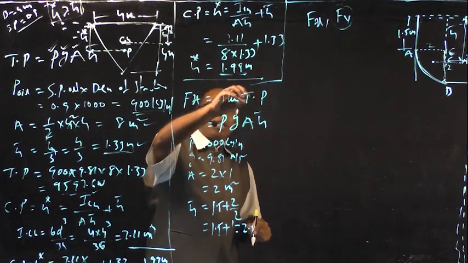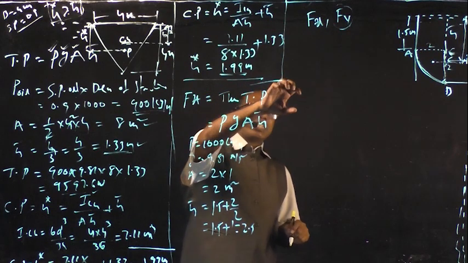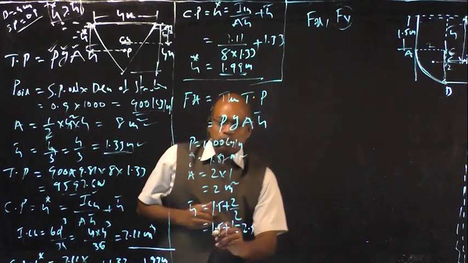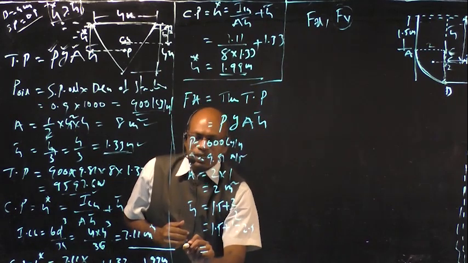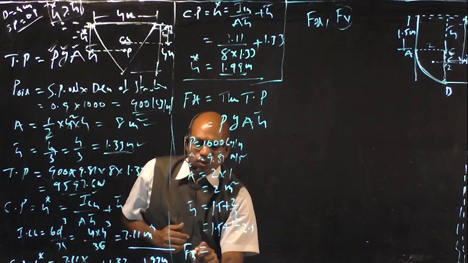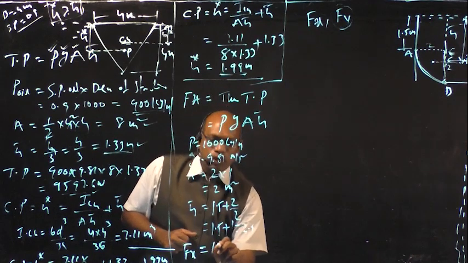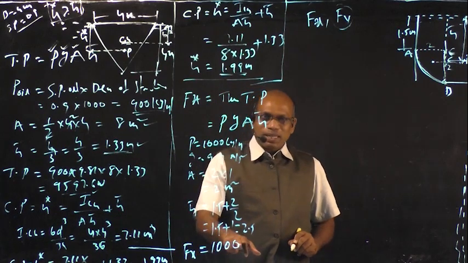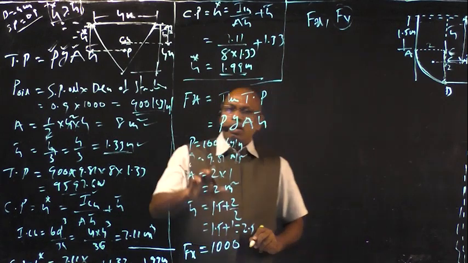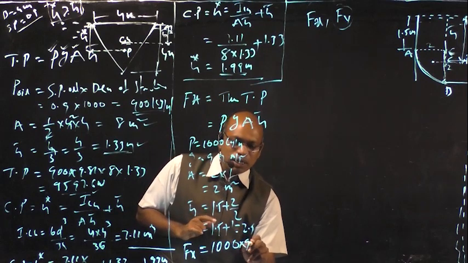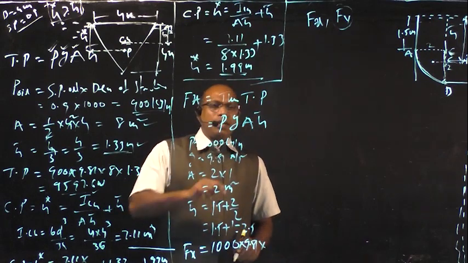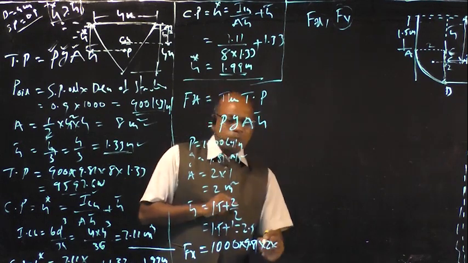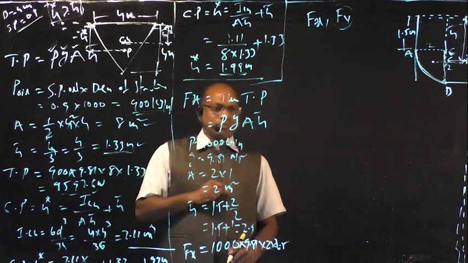Therefore, the total pressure force on the projected area of the curved surface AB in the vertical plane is Fx equal to rho, that is 1000, into 9.81 into A, that is 2 meter square, into h bar equal to 2.5.